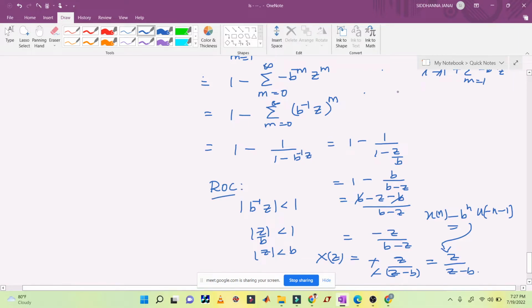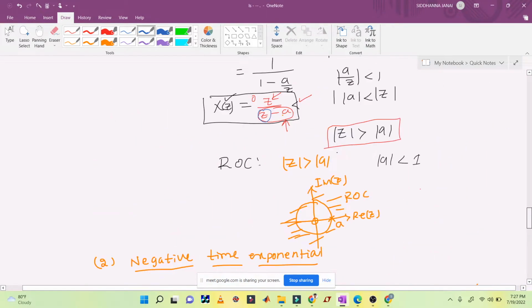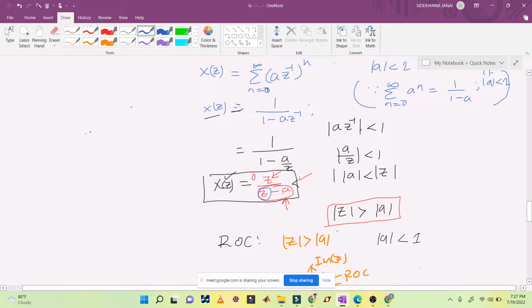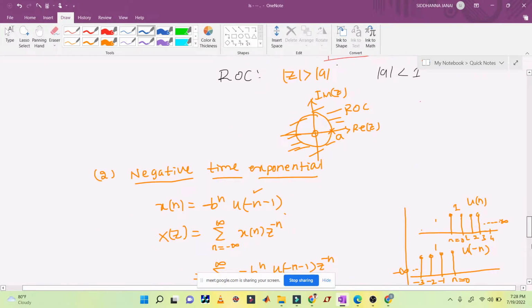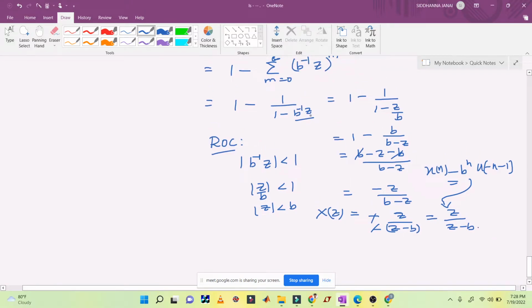This is the condition for the ROC. This term b inverse z should be less than 1. Earlier also we have seen this. Here a z inverse is less than 1. This term is less than 1, correct? For this equation it will be b inverse z. b inverse z is less than 1. That means z is less than b.